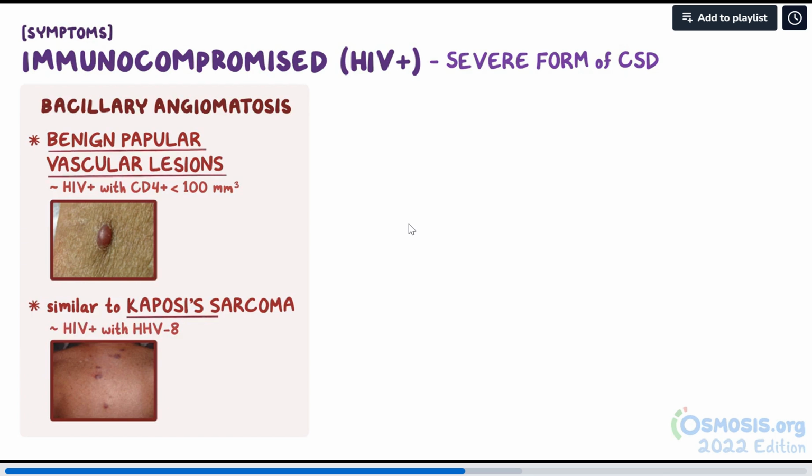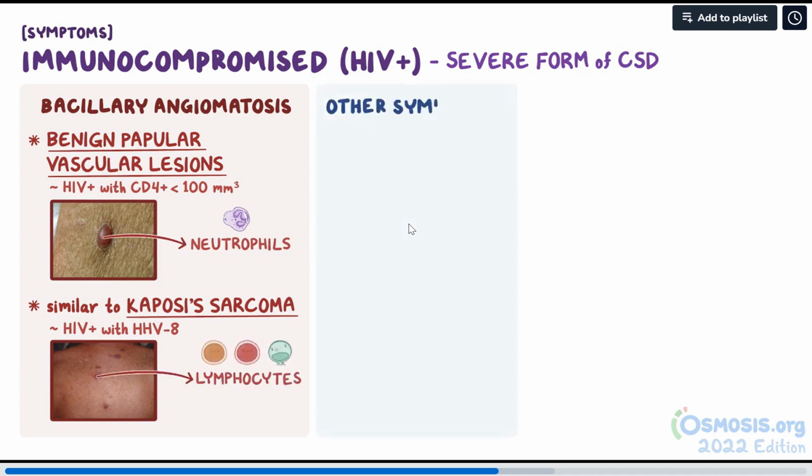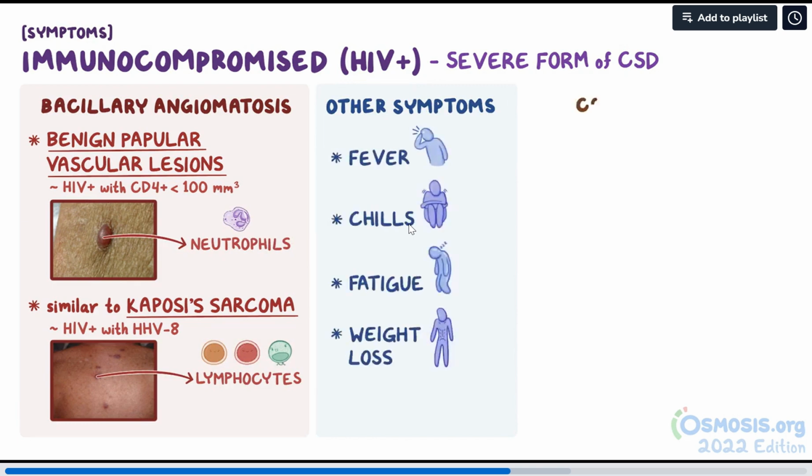The difference between these two lesions lies in what inflammatory cell is mostly present in the lesion. In bacillary angiomatosis, the inflammation is mostly made up of neutrophils, whereas in Kaposi sarcoma, the inflammation is made up of lymphocytes instead. Other symptoms of bacillary angiomatosis include fever, chills, fatigue, and weight loss.